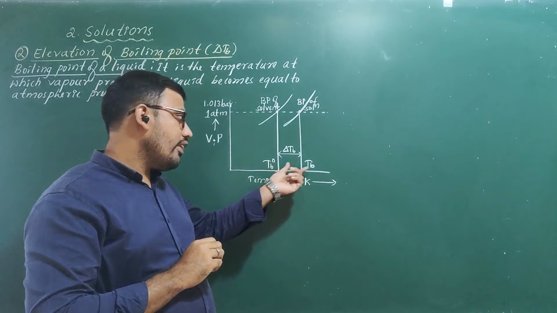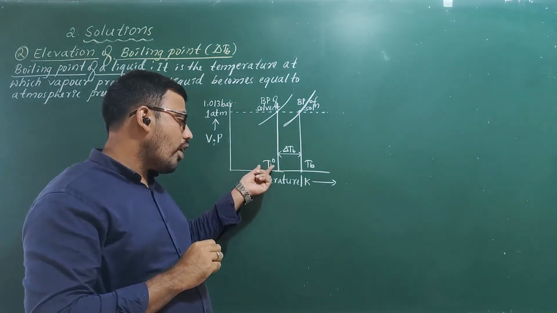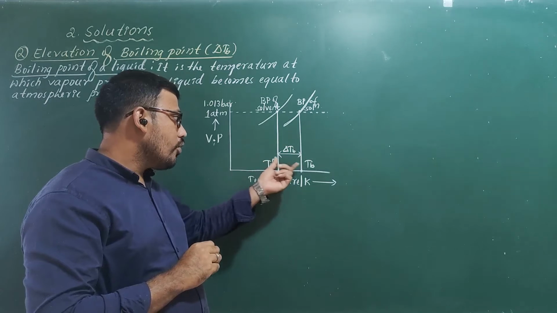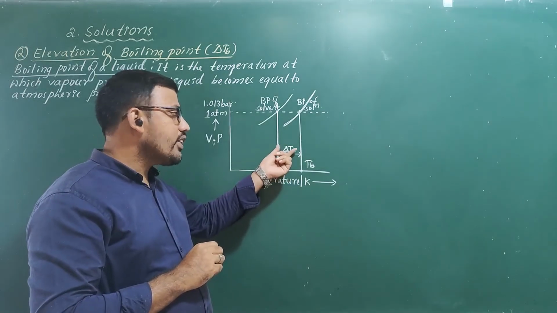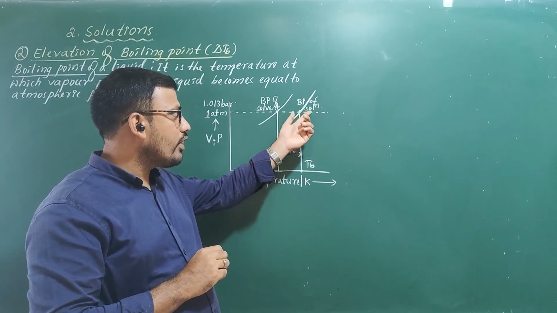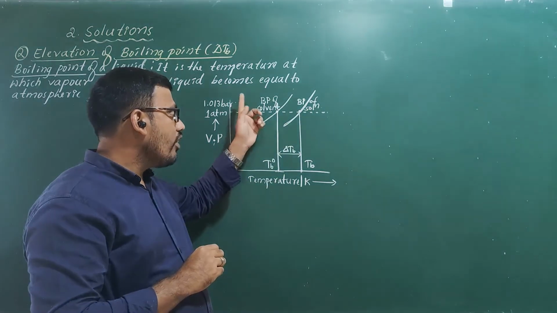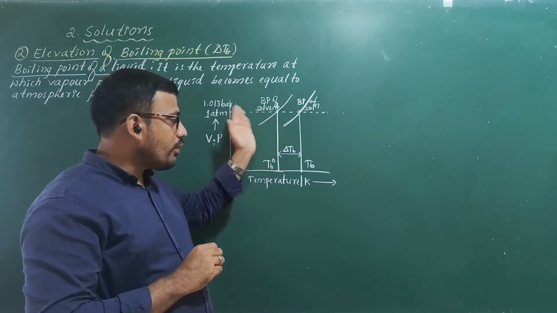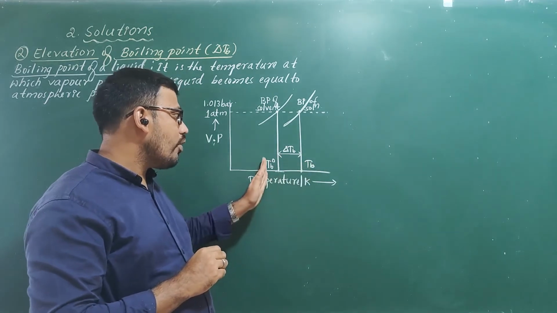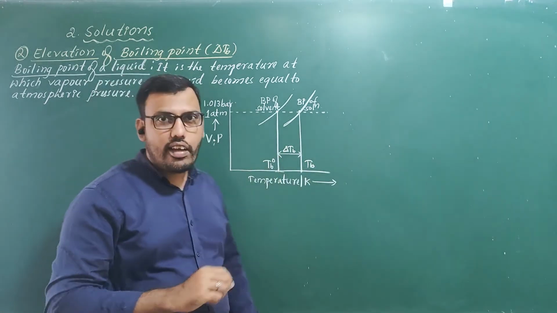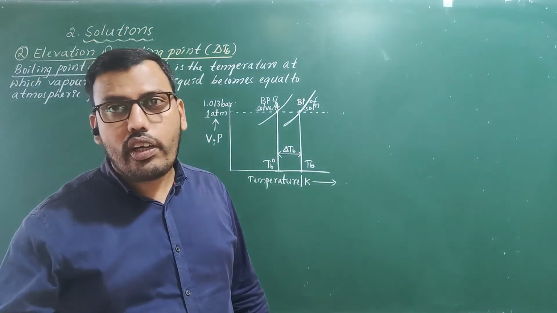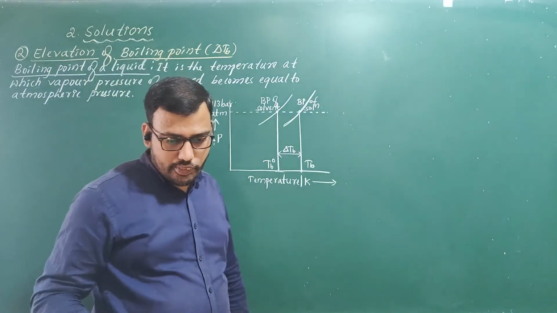The difference between TB and TB naught, boiling point of solution and boiling point of pure solvent, is called elevation of boiling point. From this graph, hope it is clear that the boiling point of solution is higher than that of solvent. If we subtract TB naught from TB, TB minus TB naught, this quantity is called delta TB, our elevation of boiling point.